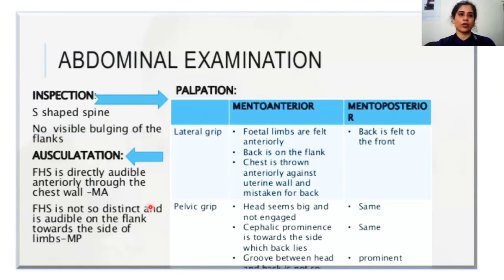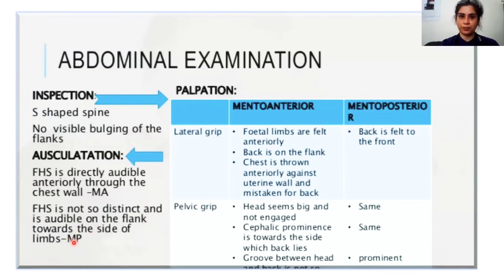So how do we diagnose it? On inspection, we will see an S-shaped spine, and there will be no visible bulging of the flanks. On auscultation, the fetal heart is directly audible anteriorly through the chest wall in mento-anterior, and in mento-posterior it is not so distinct and is audible on the flank towards the side of the limbs.